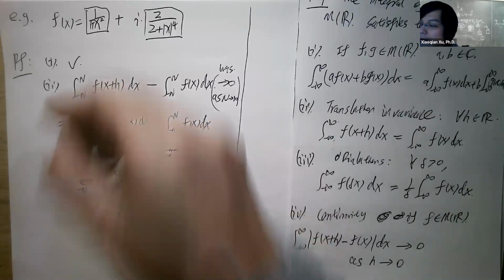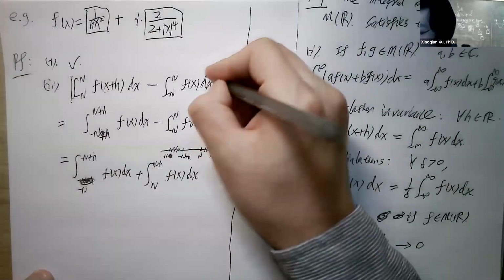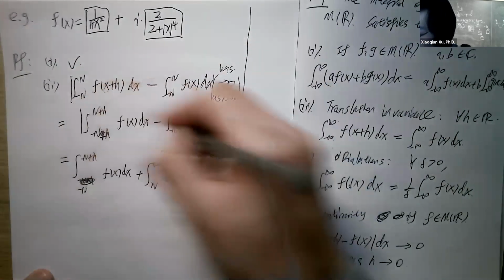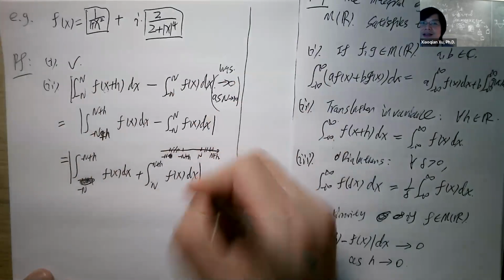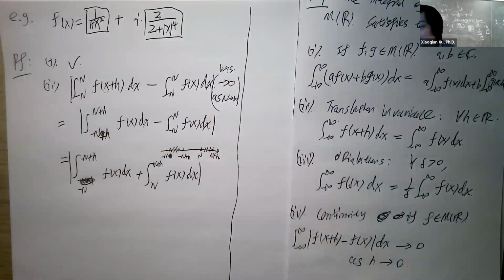Now you want it to tend to 0, so let's see how we can do an estimate of it. If we can estimate it by something that tends to 0, then we know that it tends to 0.